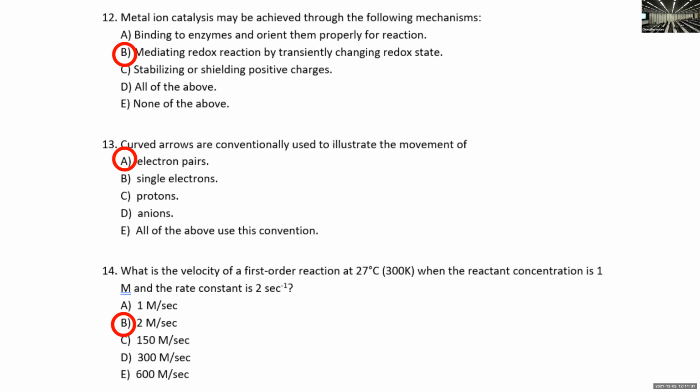Yeah. So this is another kind of tricky question, not really a trick, but it can be tricky. Here it asks the velocity. So this is about the rate of the reaction, right? And when you recall the equation for the rate of the reaction, that's V equals k, which is the rate constant of a reaction, times substrate concentration, or any kind of reactant concentration.